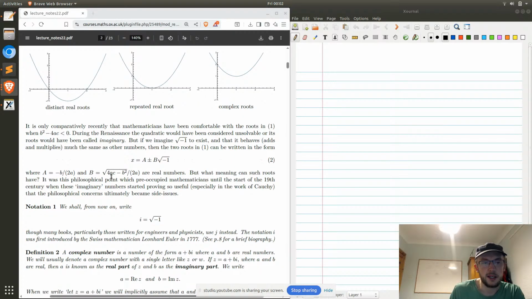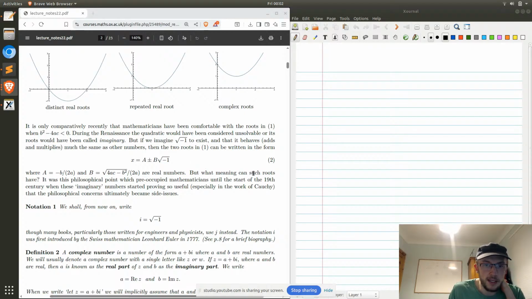And b is the square root of 4ac minus b squared, all over 2a. Notice that they swapped b squared and 4ac around to force b to be the positive and real version of itself, and root minus 1, which is i, takes care of that.